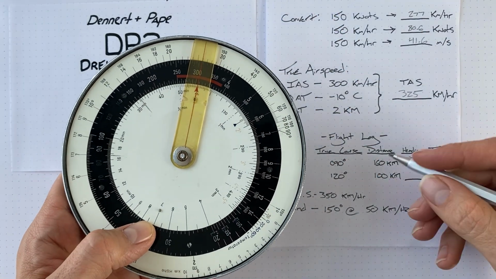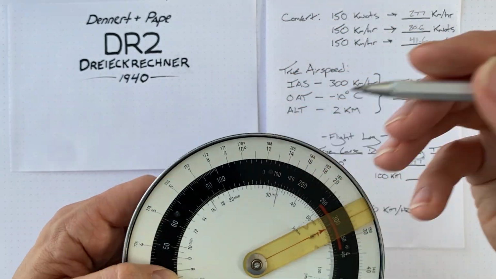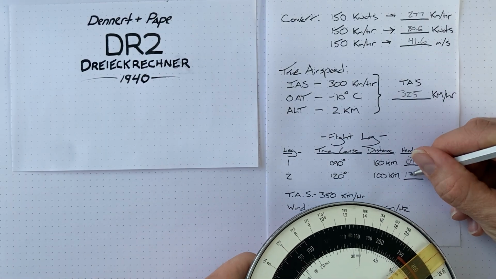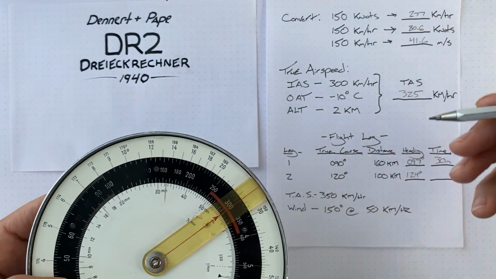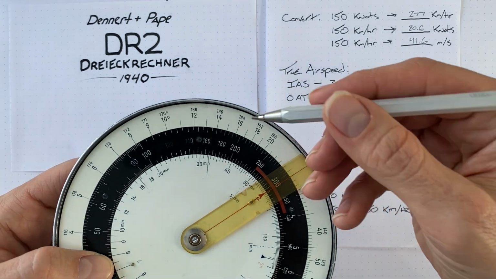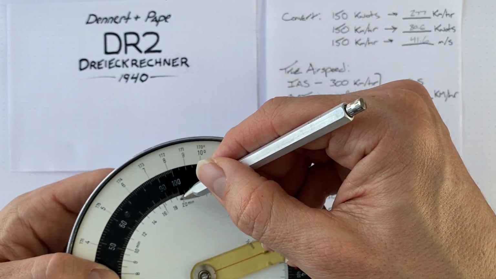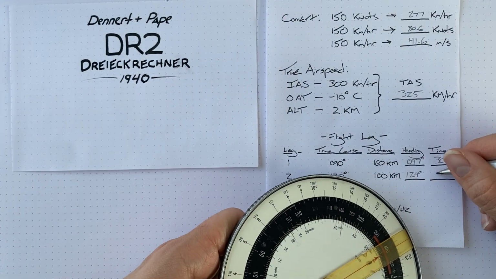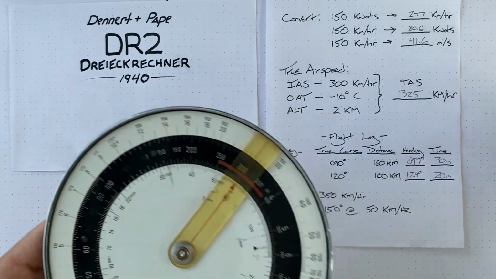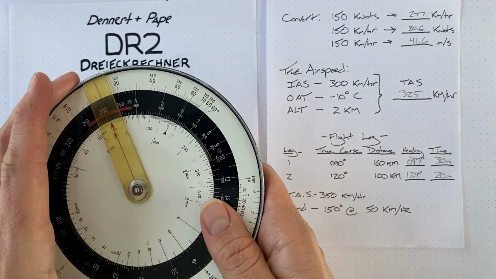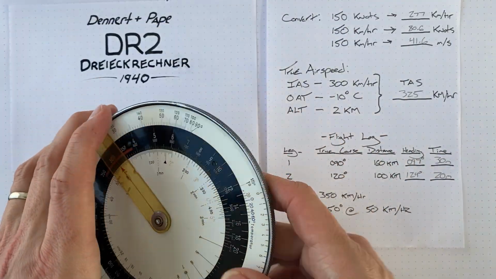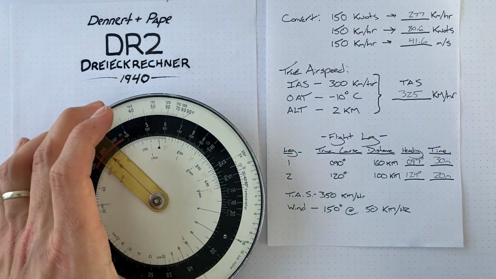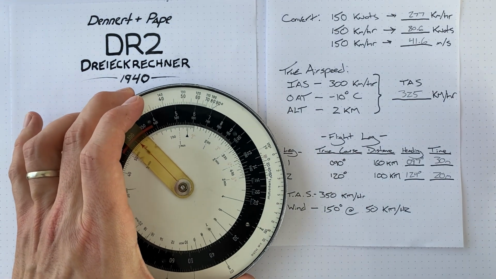So I should put in my correction here, 124. And across from 100 kilometers, we get the time required to fly, which is just under 20 minutes. So you can see how quickly this computer can tackle the most important navigation problems that we have.